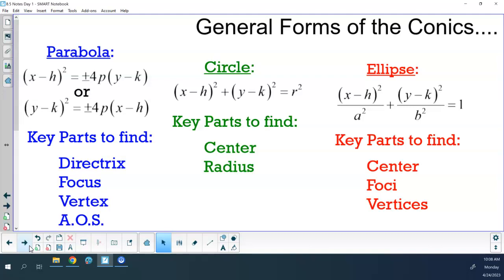And 2 key parts that you need to find on that, center and a radius. Okay. An ellipse we did 2 weeks ago. Again, it was nice because there's only one general form of it. But the 5 key parts that you need to find out of that are the center, the 2 foci, and the 2 vertices.